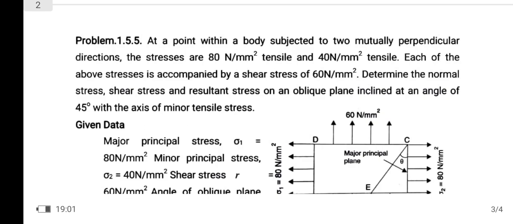Each of the above stresses is accompanied by a shear stress of 60 N/mm². Determine the normal stress, shear stress and resultant stress on an oblique plane inclined at an angle of 45 degrees with the axis of minor tensile stress.